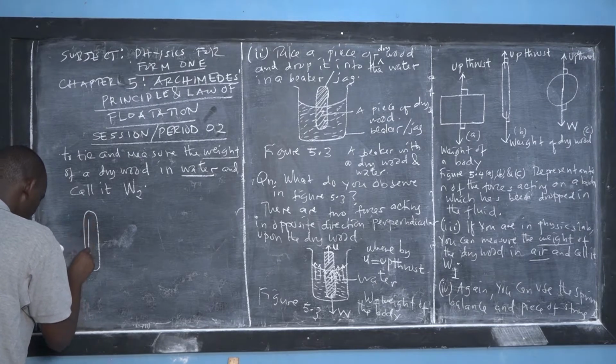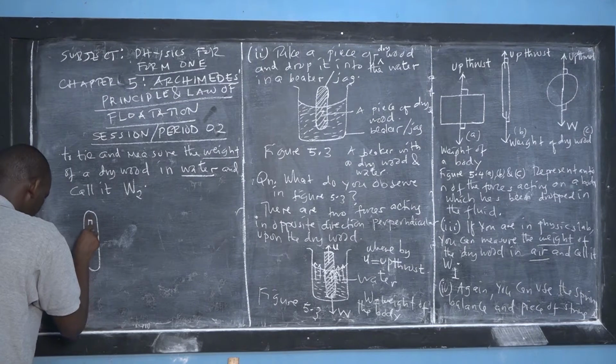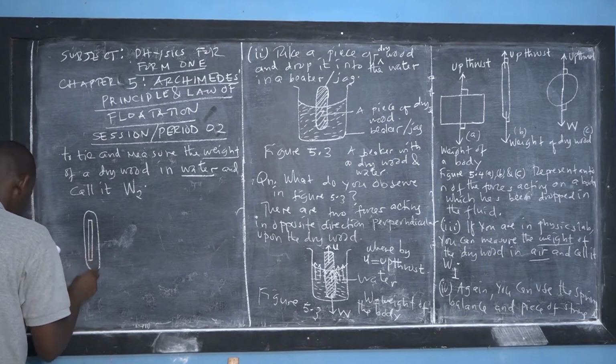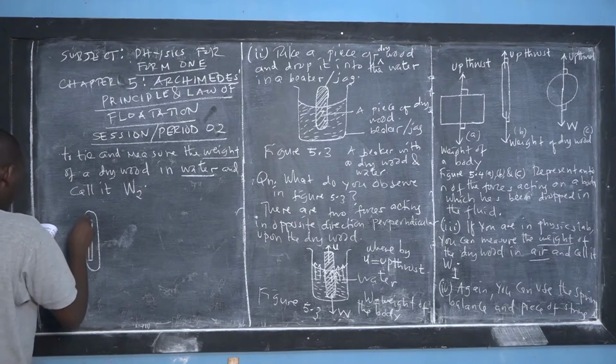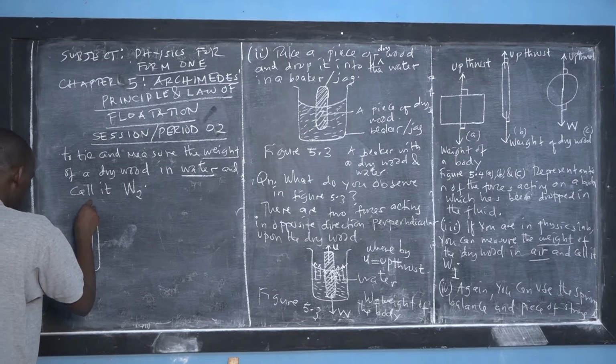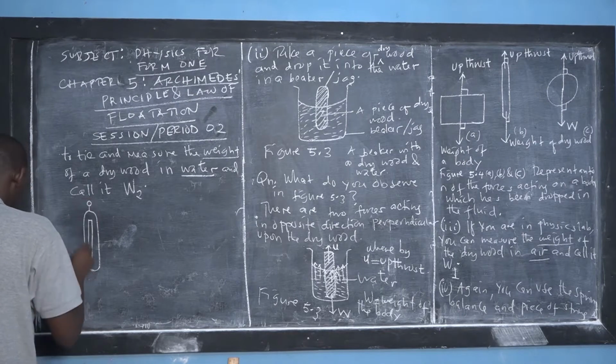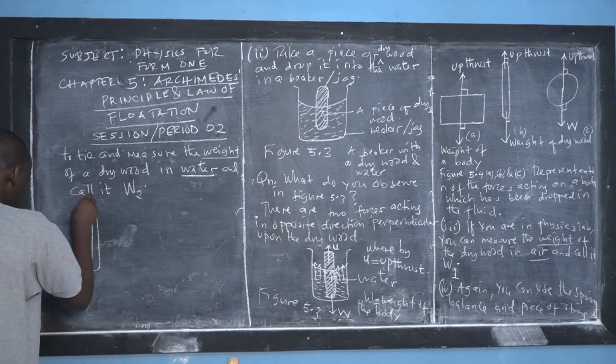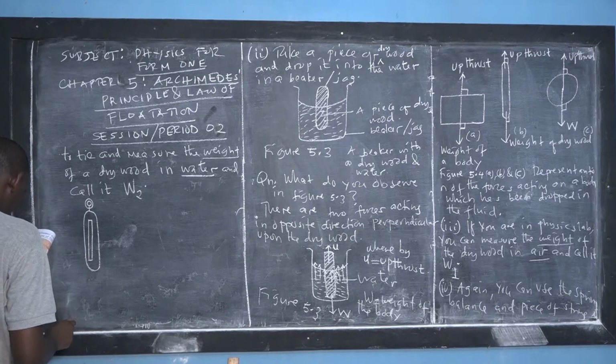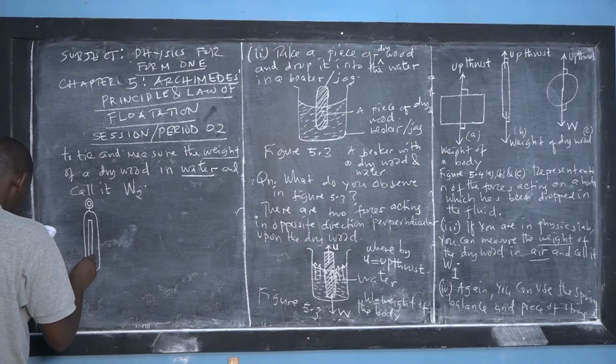So this is the spring balance that we use to measure the weight of the dry wood in air. This is the point where we can suspend it, and then here we have a scale.